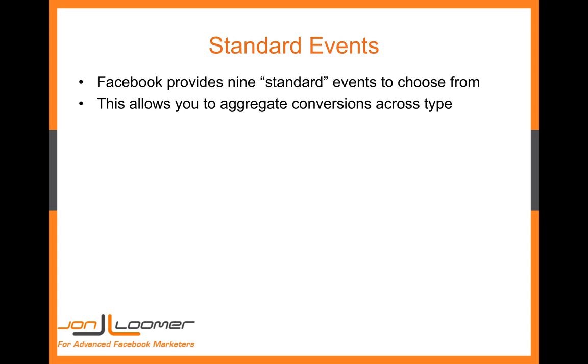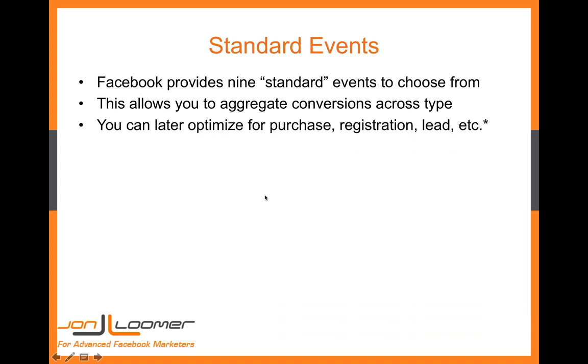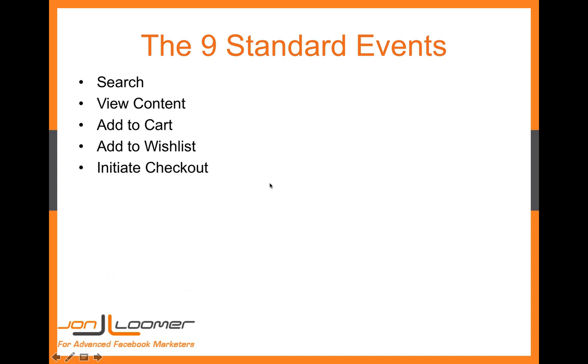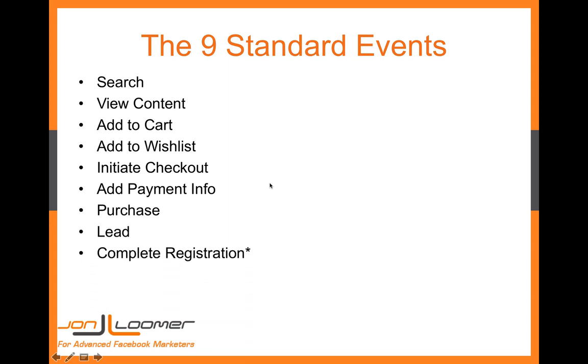But if you don't sell a lot of product, you may want to optimize for any type of purchase across your site. It just gives you more volume. You can later optimize for purchase, registration, lead, etc. So the 9 standard events that Facebook has are search, view content, add to cart, add to wish list, initiate checkout, add payment info, purchase, lead, and complete registration.